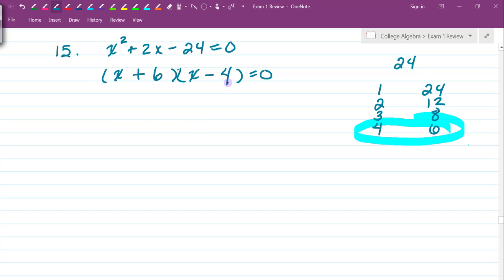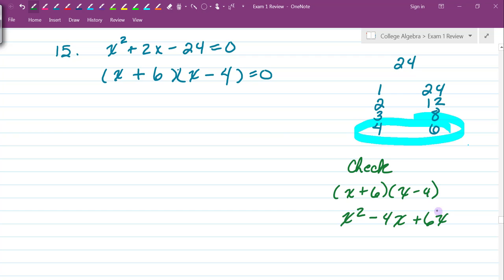Okay, so we can check our work, and if you have time on the exam, it's always encouraged to go ahead and check your work. So I would say, is x plus 6 times x minus 4 equal to our original quadratic equation? x times x is x squared. x times negative 4 is negative 4x. 6 times x is plus 6x. 6 times negative 4 is negative 24.